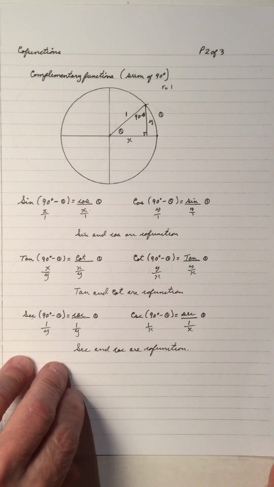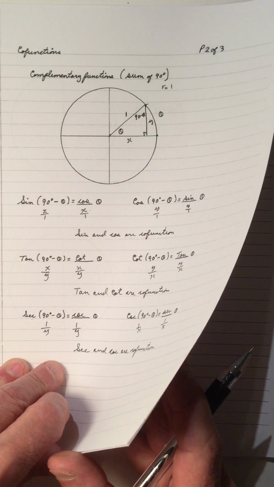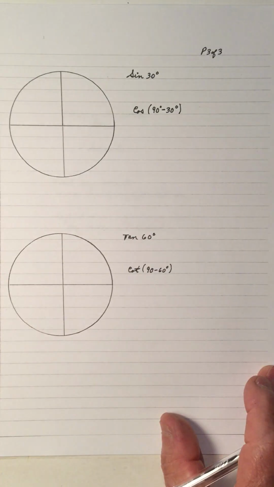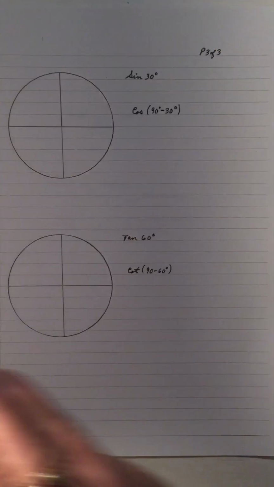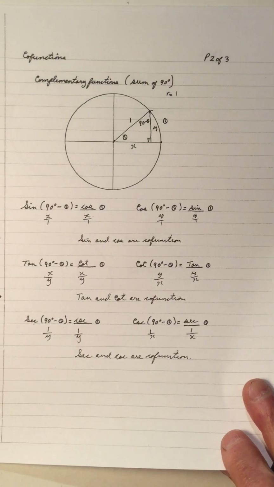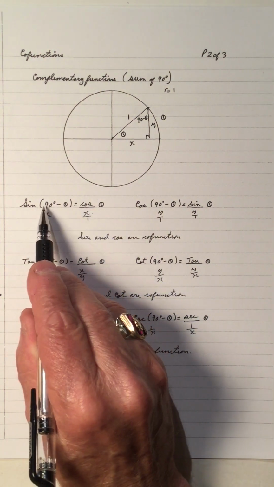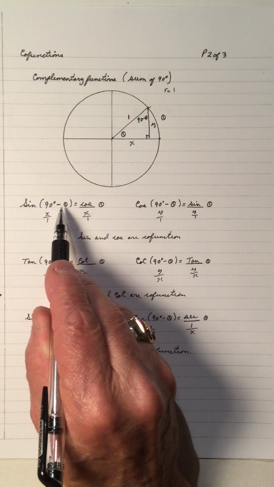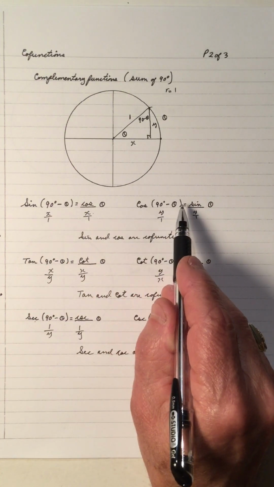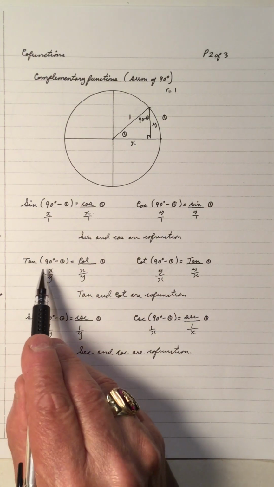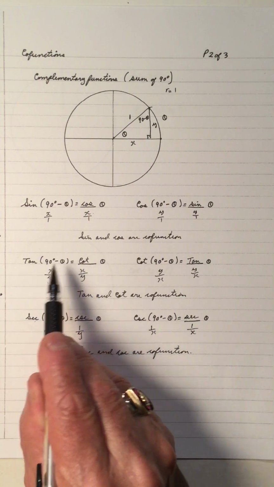So let's look at an example to illustrate that further with some angles that we know about. Notice cofunctions. Make sure that when you have a sine, you have a cos. When you have 90 minus theta, you have sine, cos, cos, sine. They're cofunctions. When you have 90 minus theta, you have tan and cot.